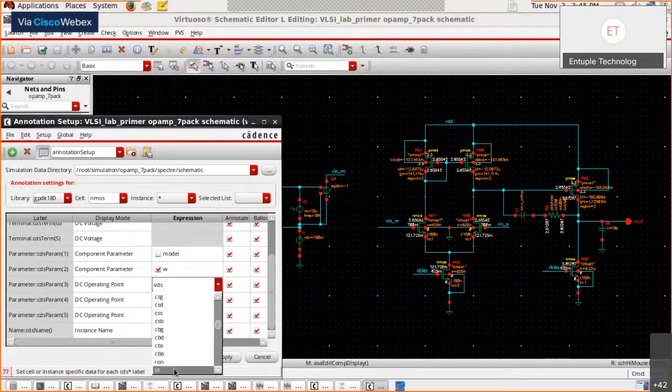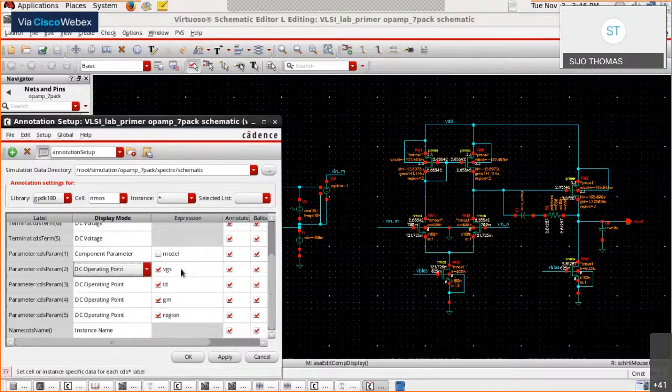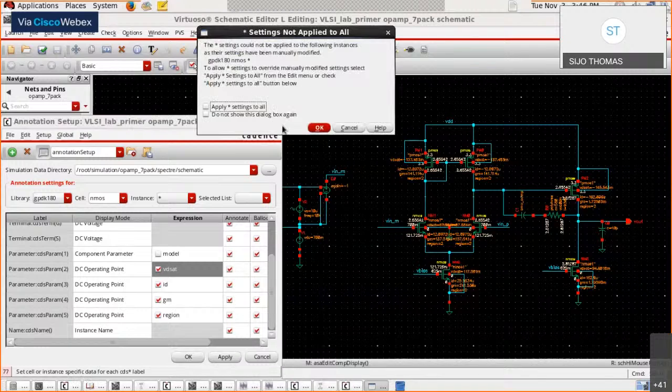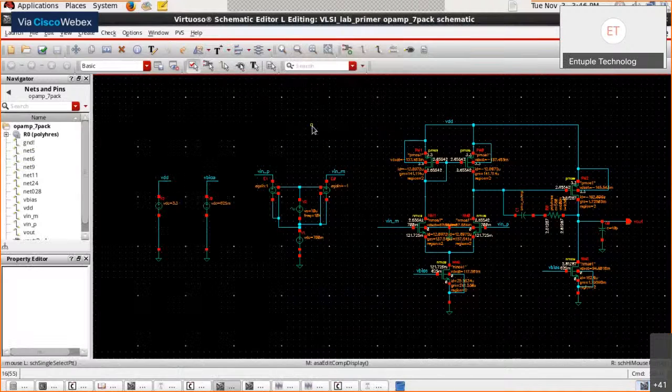VDSAT. Apply settings to all. Yeah, it's done.